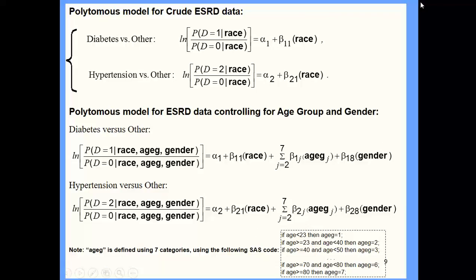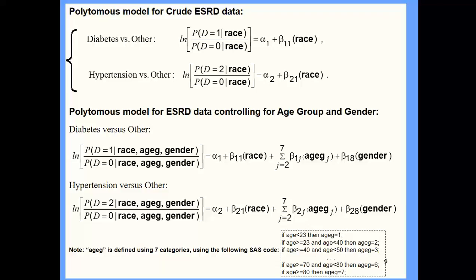Now let me ask you this. Suppose you fit this model, and you got estimates, let's talk about the crude model, of the alphas and these 2 betas. What would you do with that? You'd focus on the betas, because the betas have to do with odds ratios.